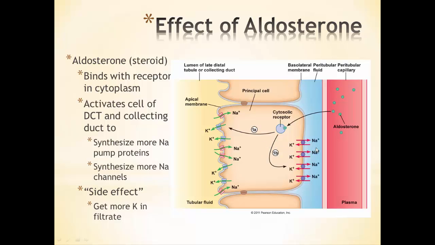That way we can pump more sodium out, and have more sodium diffusing in, making a bigger concentration gradient. Now that also means, though, we lose some potassium, because remember, you get sodium potassium reversed here, and we end up making a few more potassium pumps as well. That way potassium ends up part of the lumen in the filtrate, and we end up excreting more potassium. But with sodium being reabsorbed, remember, that also allows us to get more water reabsorbed, up our blood volume and up blood pressure.